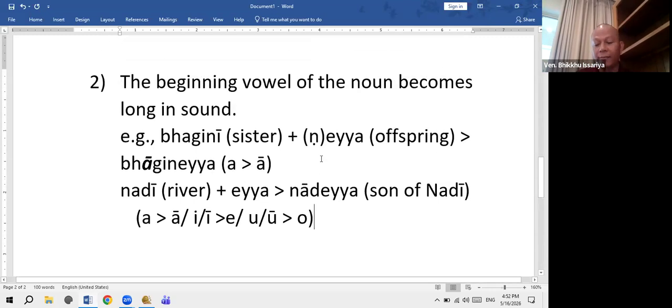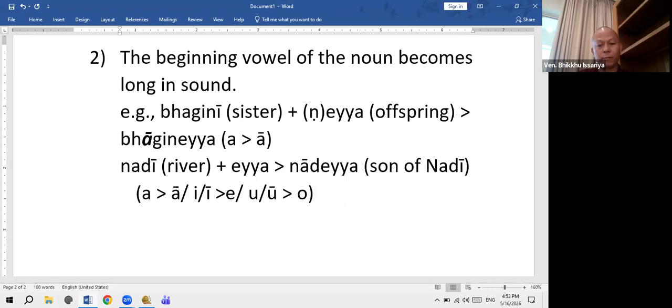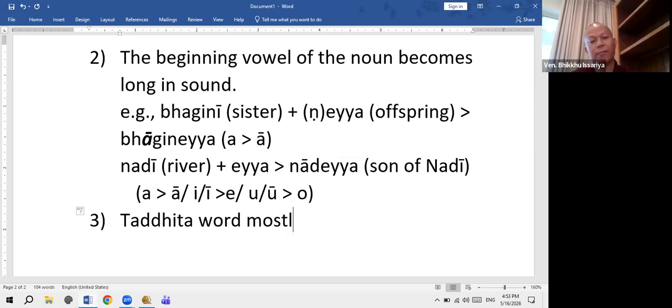So that is the general rule to understand. Such a Taddhita word can be declined.